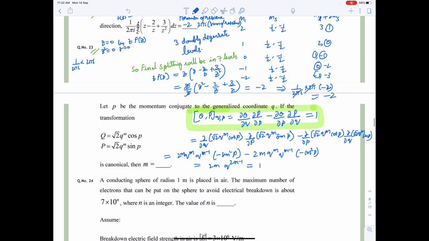So you can now compare this, and you will get 2M minus 1 equal to 0. Okay, 0. So you can get 2M is equal to 1.